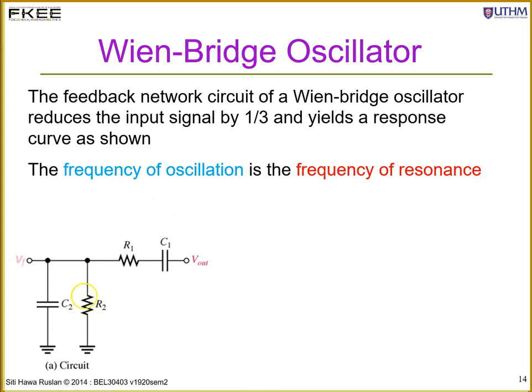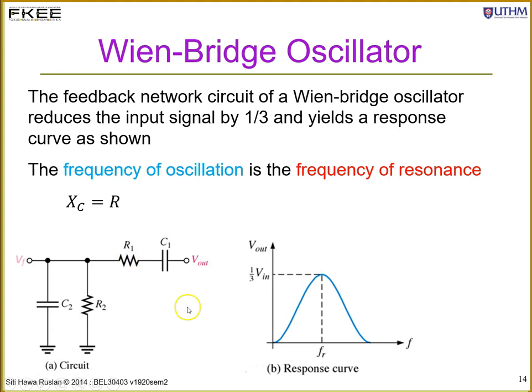And the frequency of oscillation is actually the frequency of resonance, because the reactance of the capacitor is equal to R. And if you plot the frequency response curve, this is what you get. Okay, it is increasing up to the frequency of resonance, which is the frequency of oscillation.